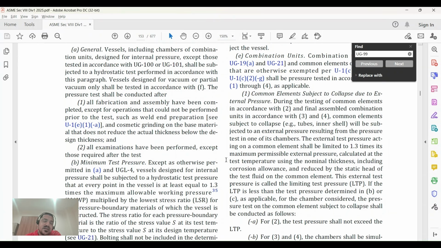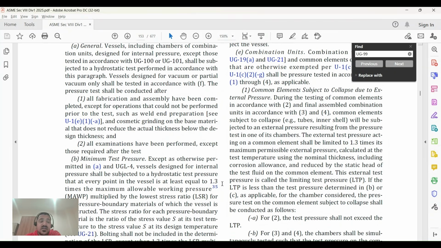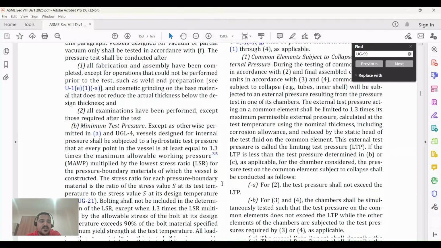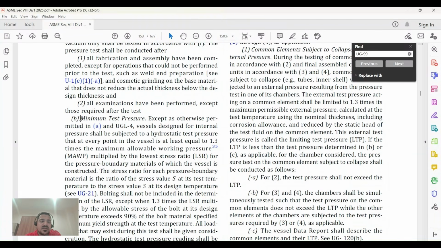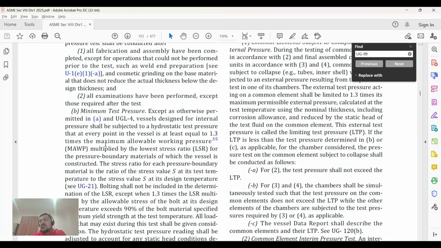What 99B says is what would be the minimum test pressure. This is quite an interesting topic for today's discussion. If someone asks you what is the minimum test pressure for hydrostatic test, generally we compute the hydrostatic test pressure using the maximum allowable working pressure.